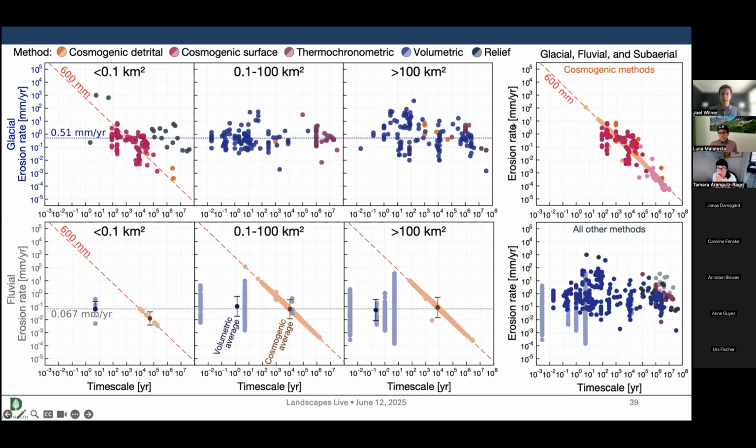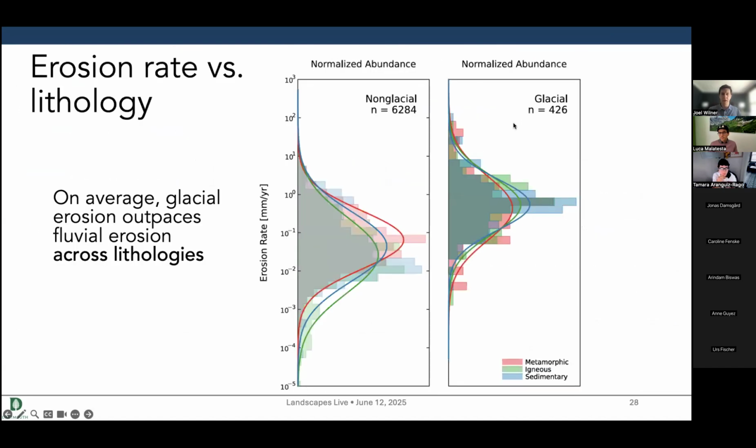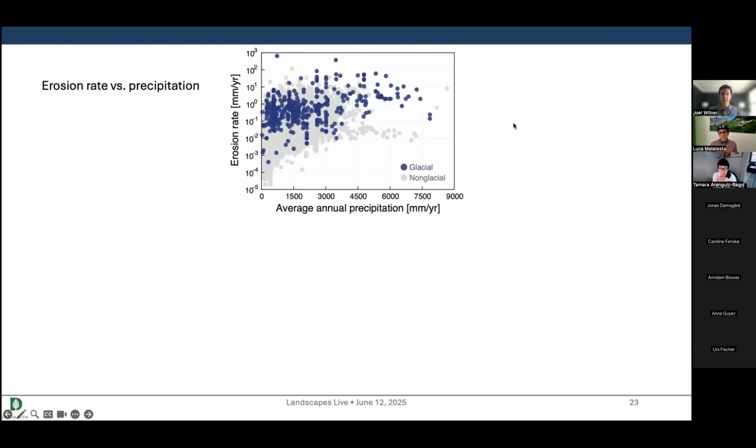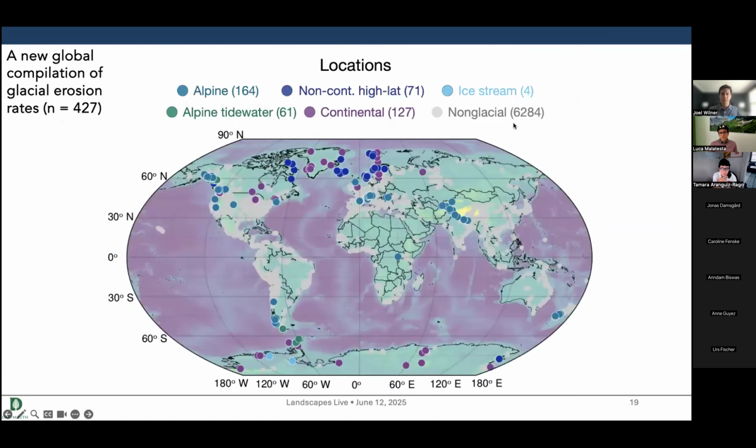But if we come back a few slides to the map, it's true that rivers are more ubiquitous than glaciers for sure, and we haven't explicitly accounted for that in the quantification, but I suppose we did what we could in terms of the distribution of glaciers.